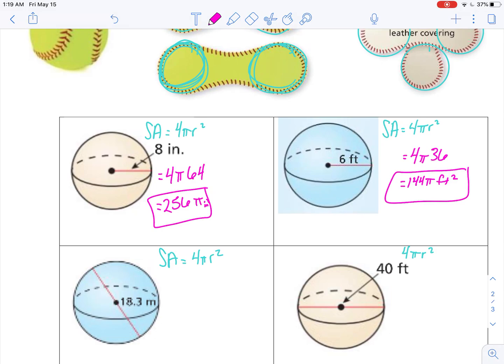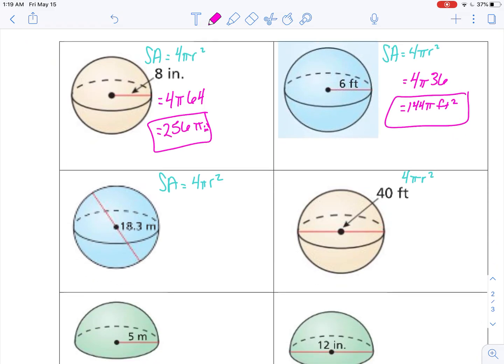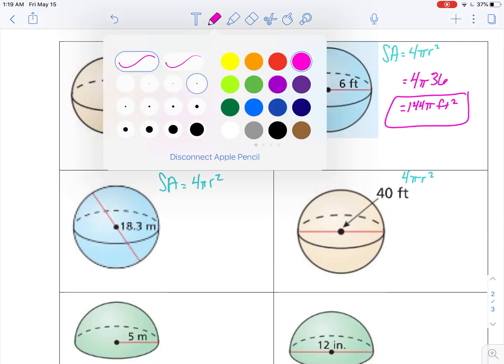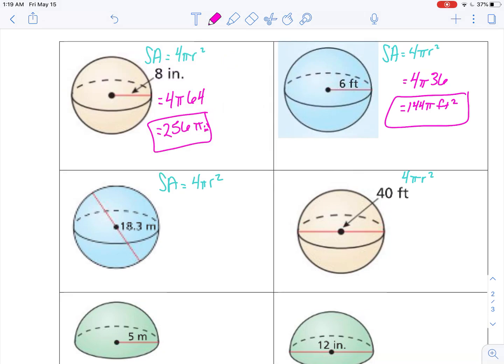And again, same thing. Be on the lookout for whether or not you actually have the radius that you want. So here again, I don't have that, so we can divide this diameter by 2. So radius is 9.15 meters.